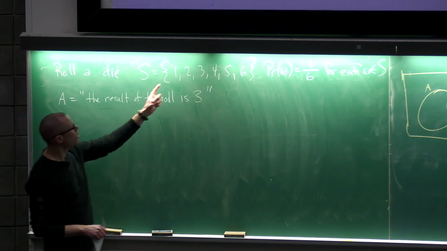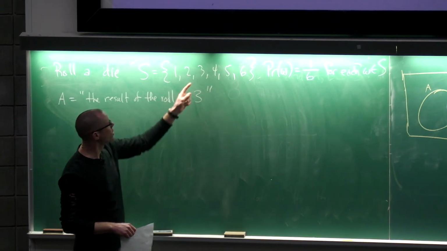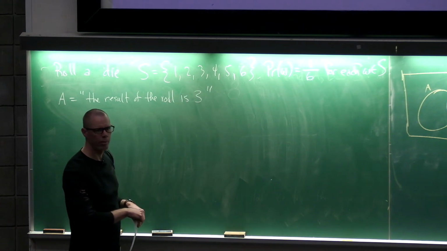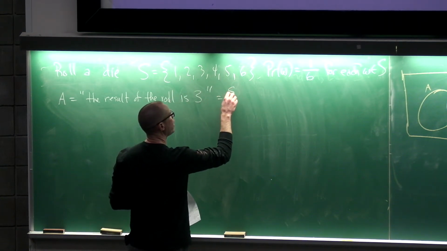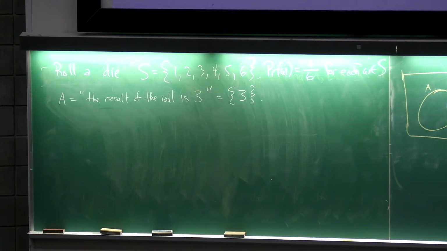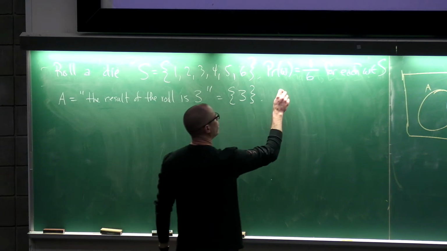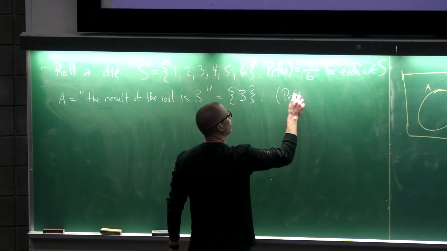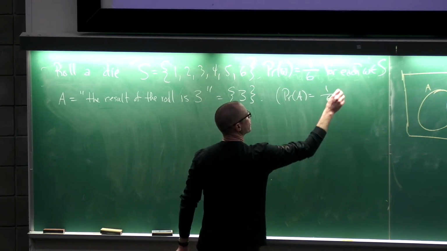In this probability space, what are the outcomes where the result is 3? Well, there's exactly one of them. So the event A is just the singleton set, has one element, 3. Okay? And we know the probability of A is 1 over 6.